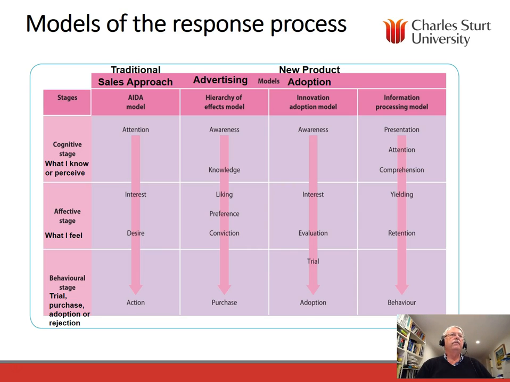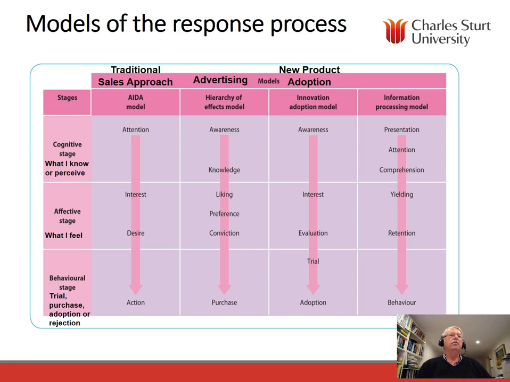However, there are different models. In addition to the AIDA model, there's the hierarchy of effects model, which builds awareness and knowledge initially through the cognitive stage. The affective stage is split into liking, preference, and conviction, and then the final stage, the behavioural stage, is purchase.